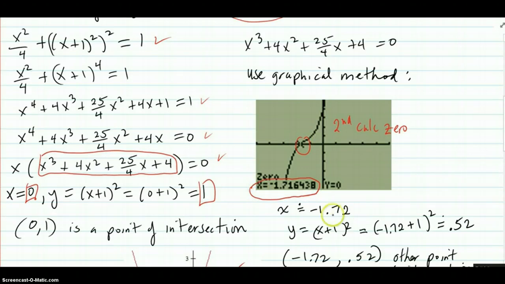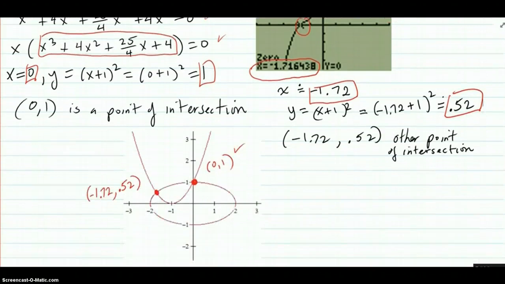Okay, and I just rounded it off to -1.72, plugged it back into the y of one of the equations, a simpler one, and got 0.52. So here's your intersection point. So we have 0, 1 and -1.72, 0.52, which when you look on the curve here, that's exactly where it looks like they should be.